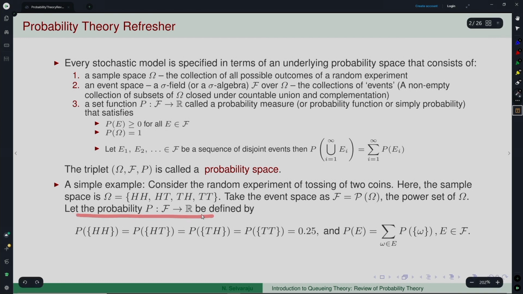And you can define probability on these 4 elements, which are all elementary events in this omega. So, if you define the probabilities of these 4 such that they sum to 1, and for any other event in F you define it in this manner, then you will be defining a probability. So, this is a simple example.